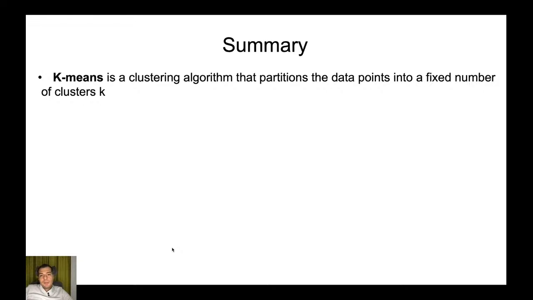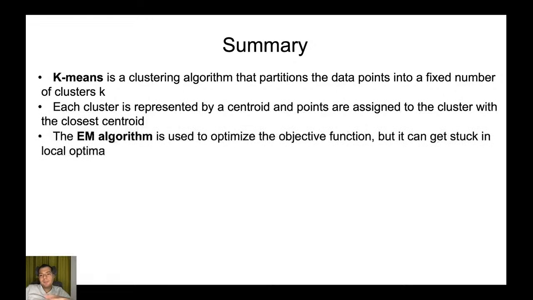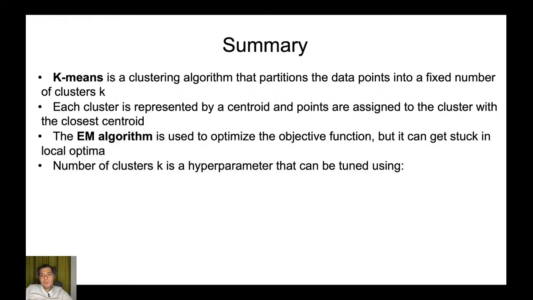And yeah, in summary, k-means is a clustering algorithm that partitions the data points into a fixed number of clusters. Each cluster is represented by a centroid, and the points are assigned to the cluster with the closest centroid. We use the EM algorithm to optimize the objective function, although it can get stuck in local optima.